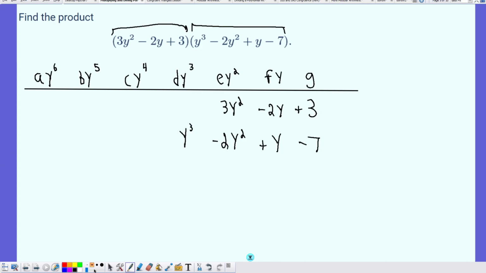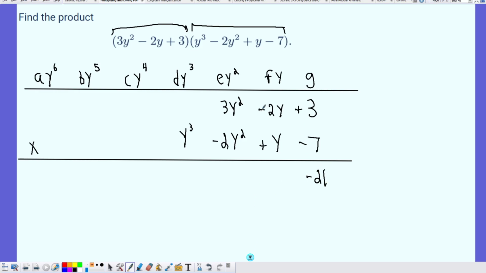Now, what I'm going to do is use multiplication. Since we are multiplying these two polynomials, we're going to multiply here, just like regular multiplication works. So, negative 7 times 3. Well, that gets me a negative 21 in my constant column, just the g.